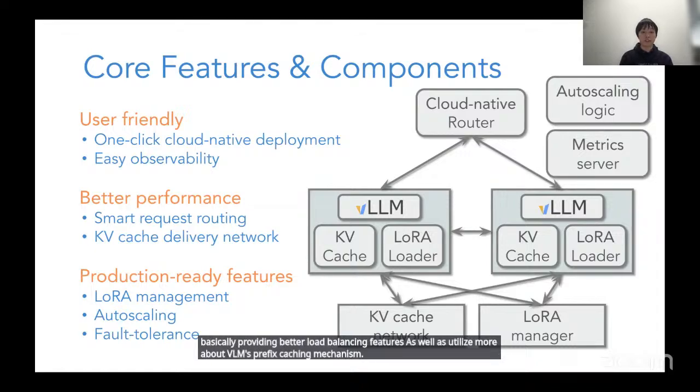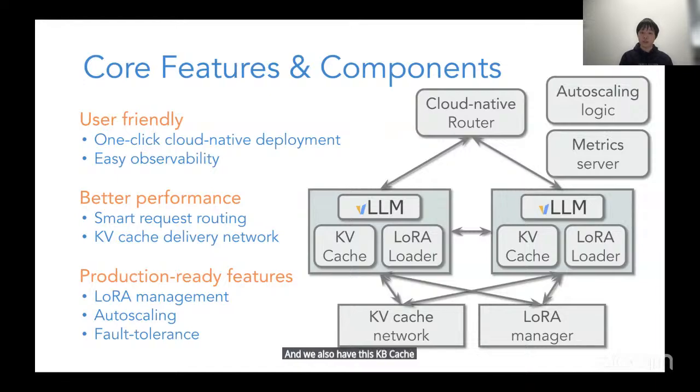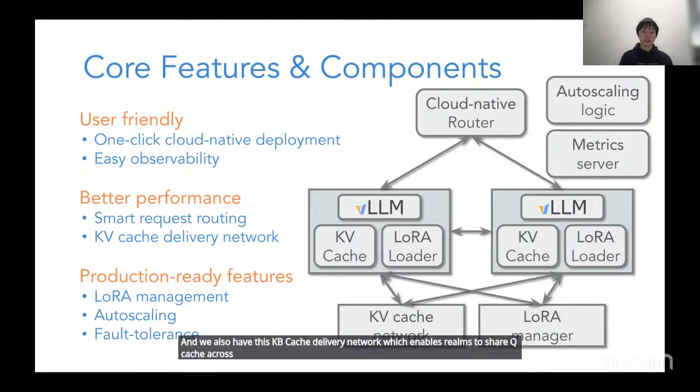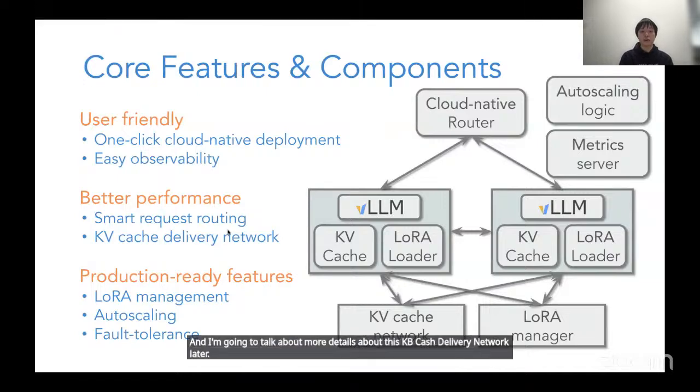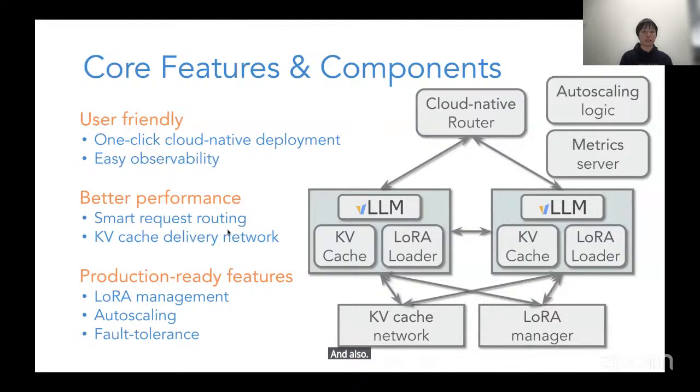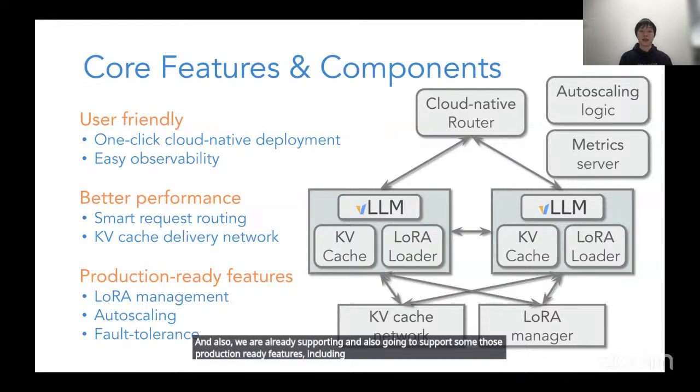And we also have this KV cache delivery network, which enables vLLMs to share KV cache across different instances. I'm going to talk about more details about this later. We also already support, and are going to support, some production-ready features, including LoRA management and also advanced auto scaling and fault tolerance features.